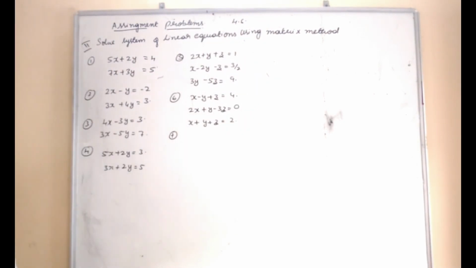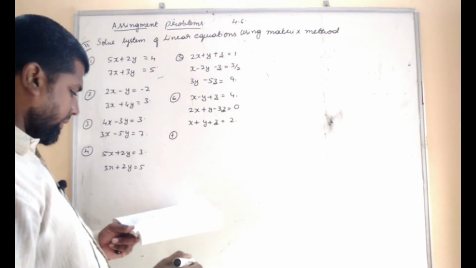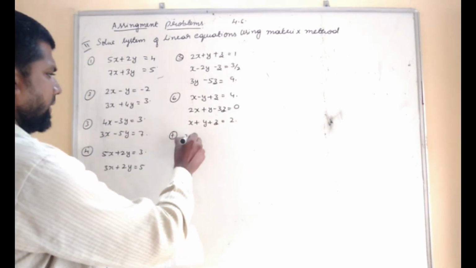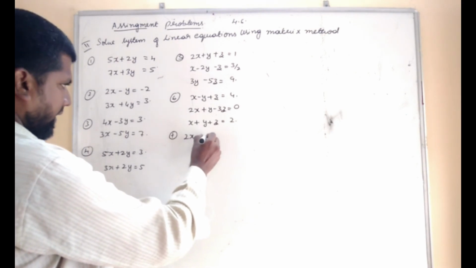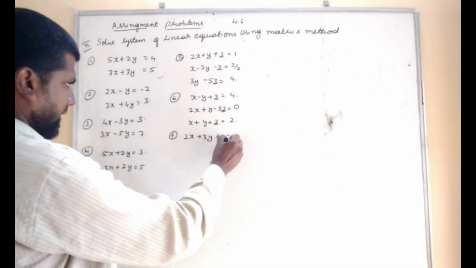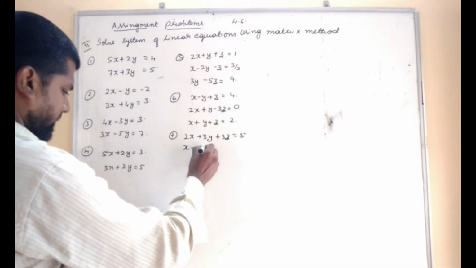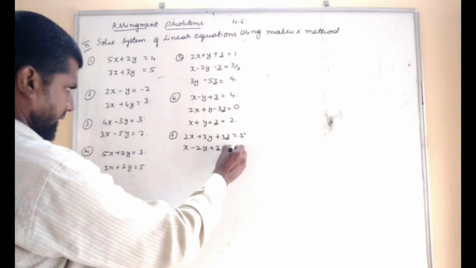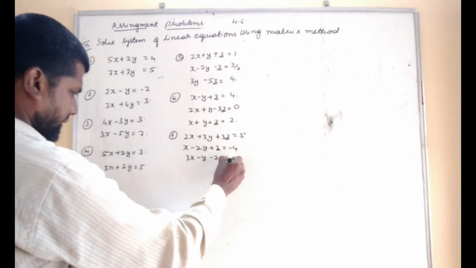This is the second main. First main is where you have to solve the questions and find the consistency and inconsistency. So these are the problems on the matrix method. 2x plus 3y plus 3z is equal to 5, then x minus 2y plus z is equal to minus 4, then 3x minus y minus 2z is equal to 3.